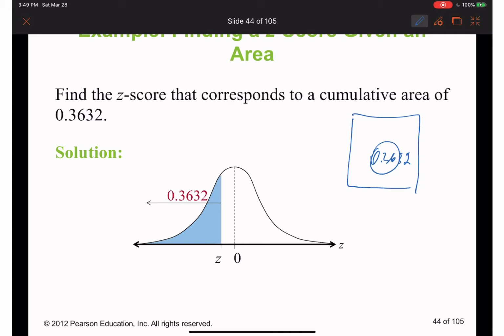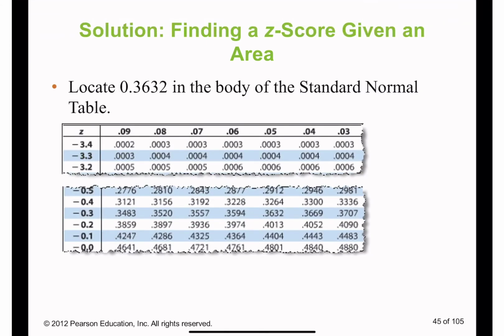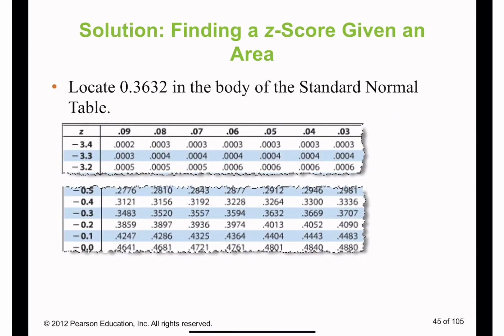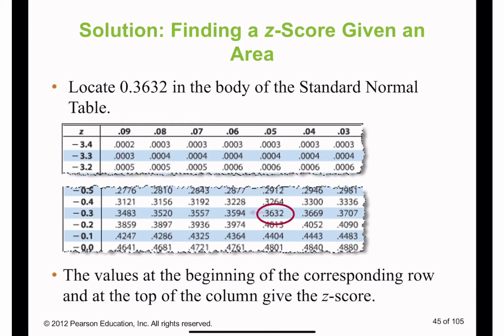You're going to go to negative, because this is 36%, it's less than 50%, therefore it's going to be a negative z-score. That should match the z-score of negative 0.35. One more time: this is your 0.3632, and it's going to match negative 0.35.